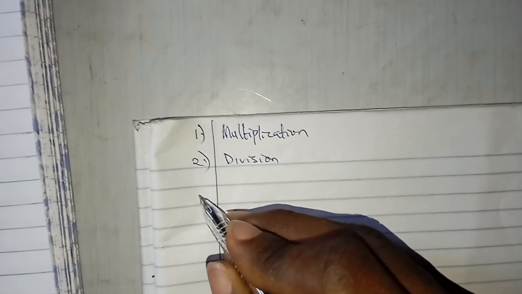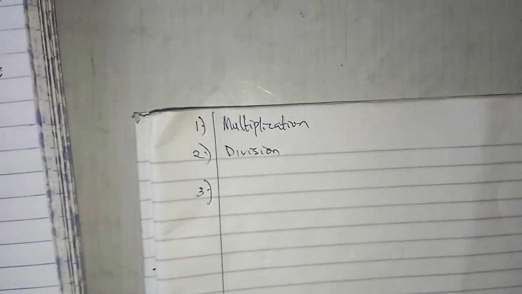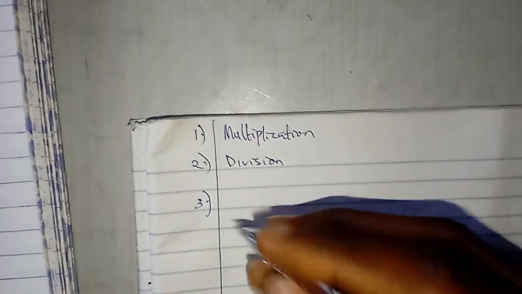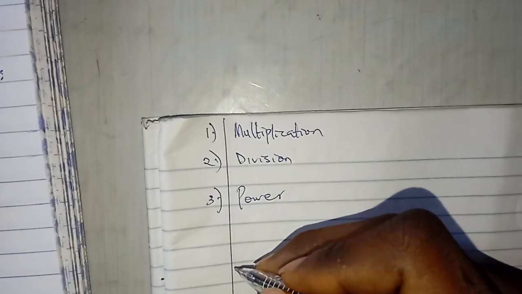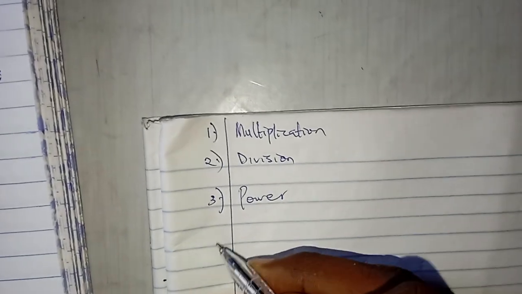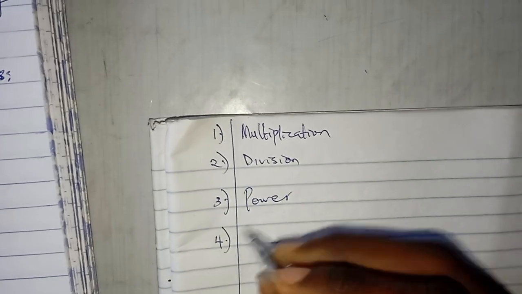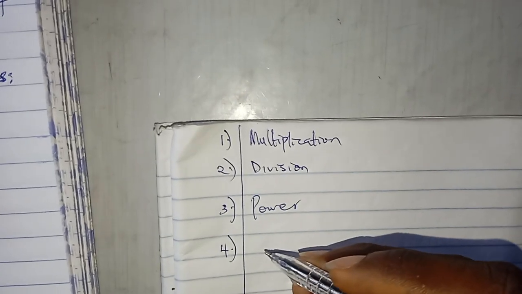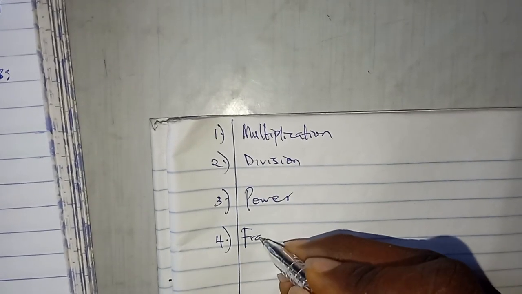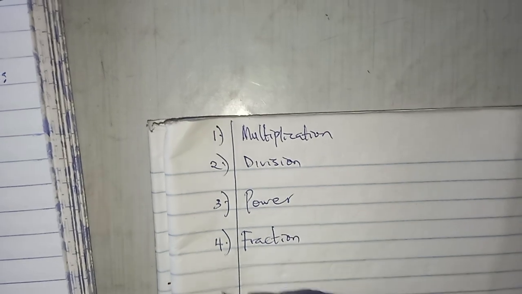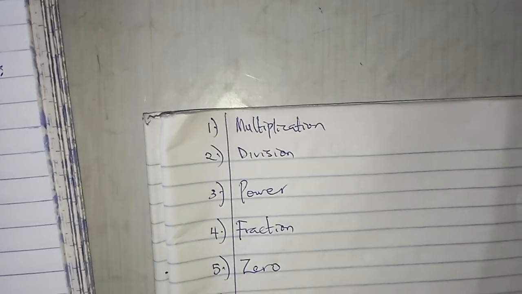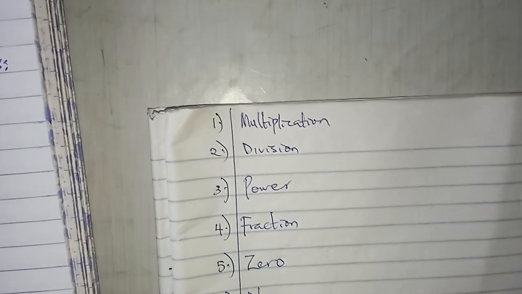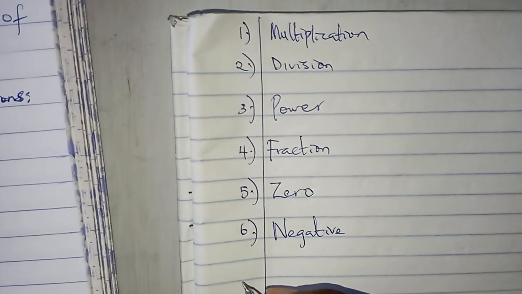When you come, there are protocols. So what will be there for power? Then what will be there for fraction? What will be there for zero? What will be there for negative? So it's just like the way you treat life.